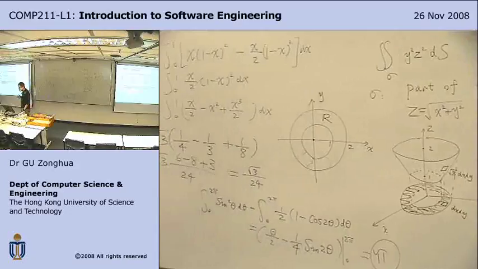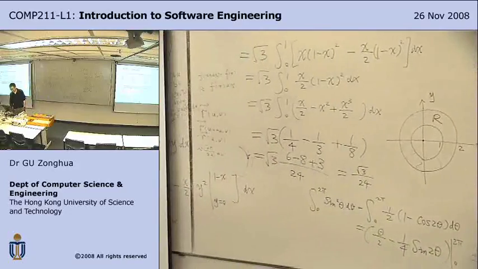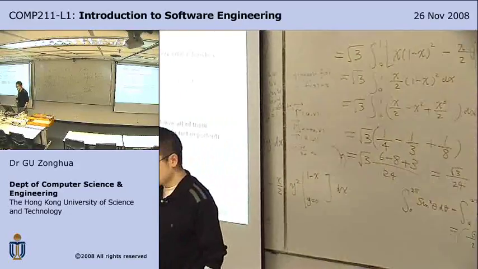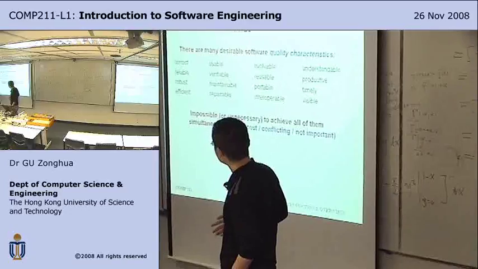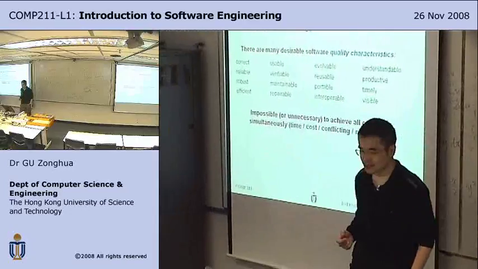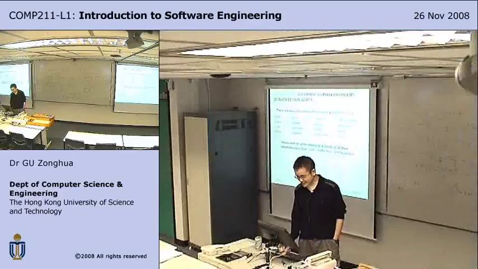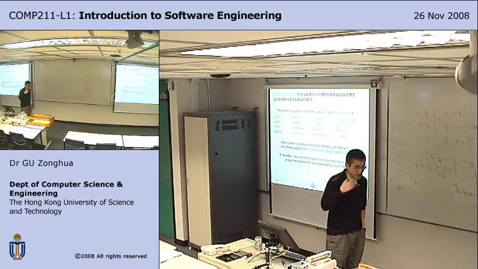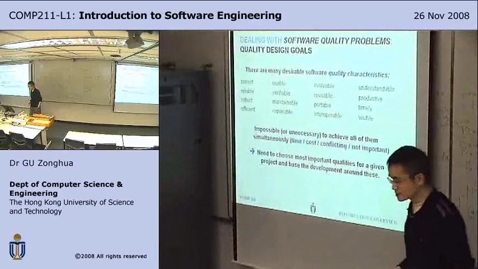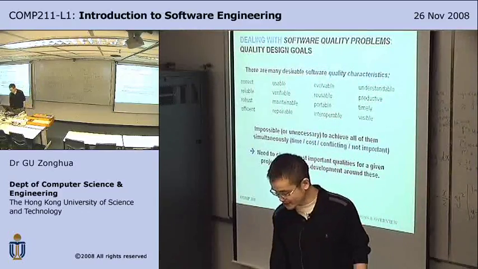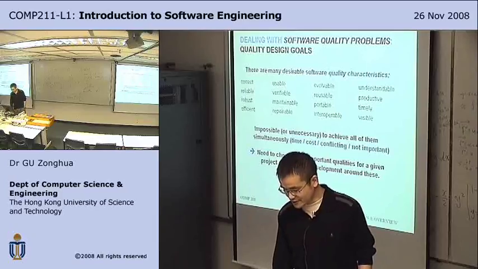Therefore, you should prioritize the design goals for your project. If your project is a safety critical system, then you should aim for reliability as the primary goal. But if it's not, then perhaps time to market is more important. So choose the most important qualities and base the development around these.